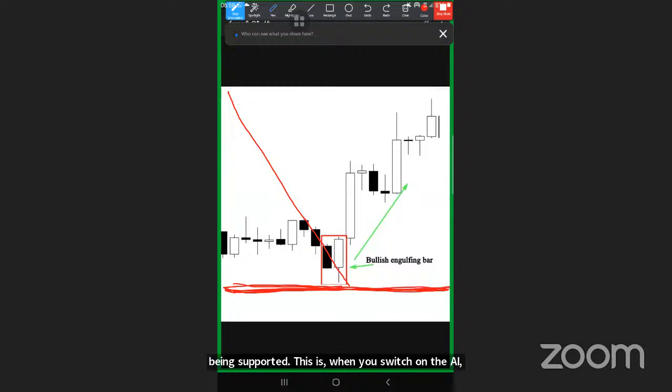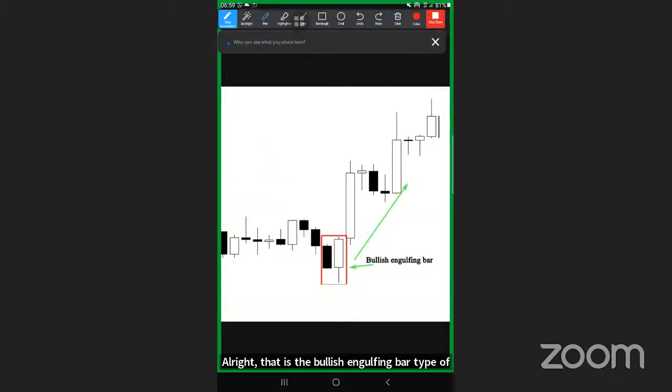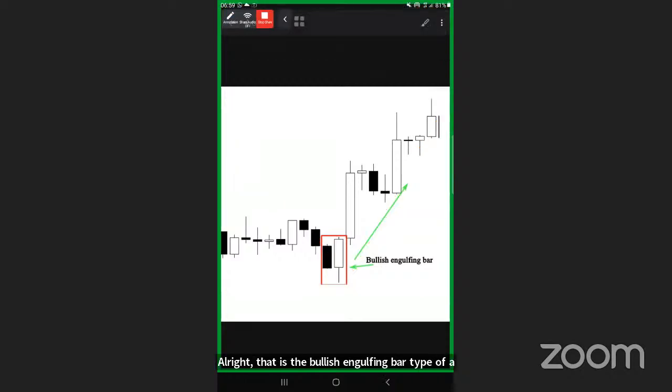This is an area where the robot mostly likes to buy when you switch on the AI margin call. So this is our support area. Now the market is being supported, and buyers are taking over, changing the market direction to the upper side. That is the bullish engulfing bar type of chart pattern.